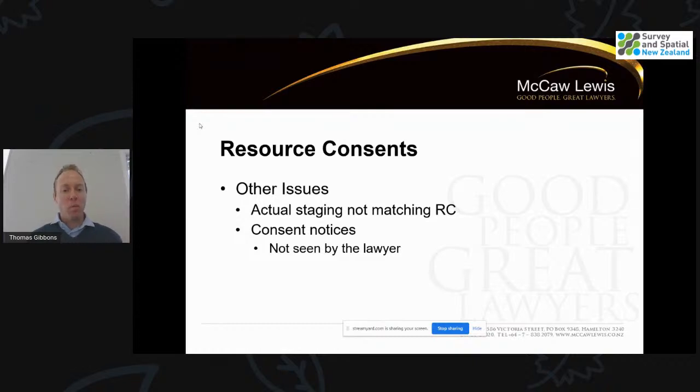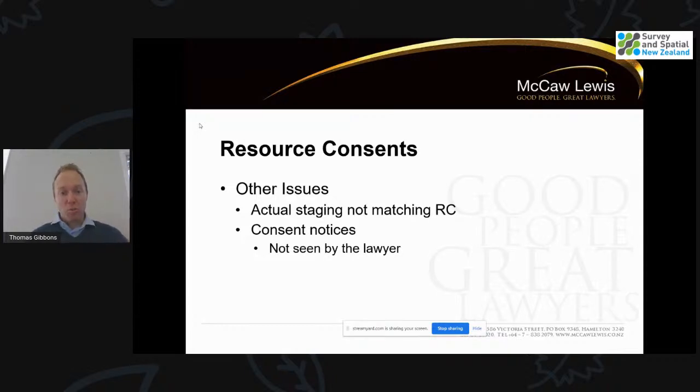It could be the developer is looking at an issue like not wanting to pay DCs, development contributions, on a particular lot at a particular time, not wanting to remove fill from a particular lot at a particular time, just wanting to do things in a slightly different stage process. It's important to keep that flexibility in there so that the developer can do that without causing grief later on.